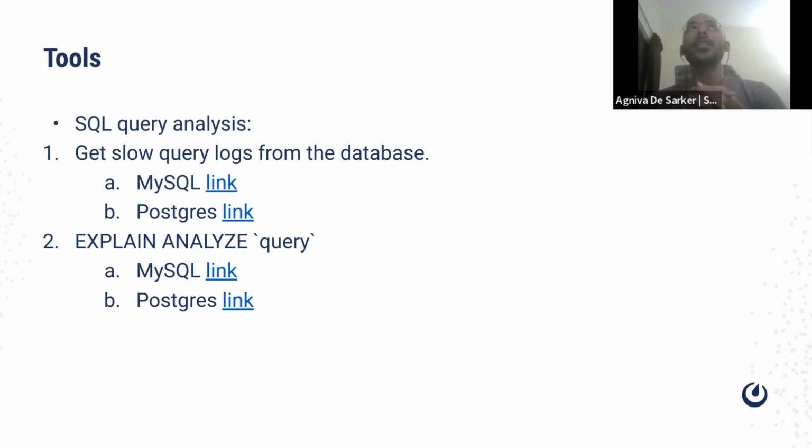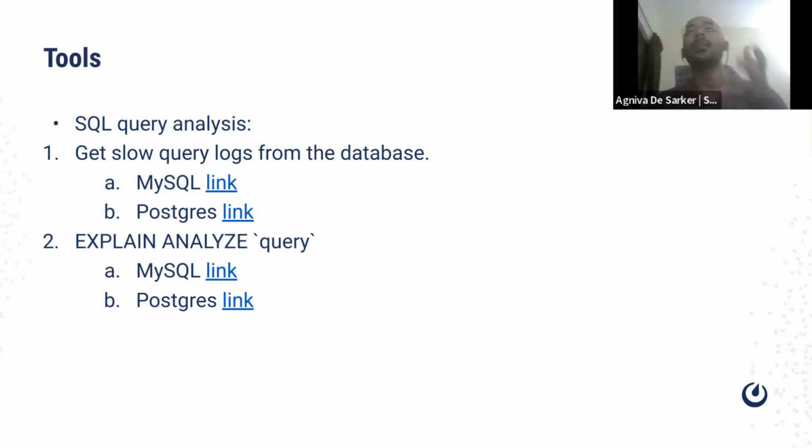In those cases, to understand why that's happening, you need to run EXPLAIN ANALYZE, which is the same in MySQL and Postgres. In Postgres you have some other options as well, but basically it's EXPLAIN ANALYZE and then the query which is not performing well. But the step before that is to find out which SQL queries are performing slowly. There are various ways to get this.